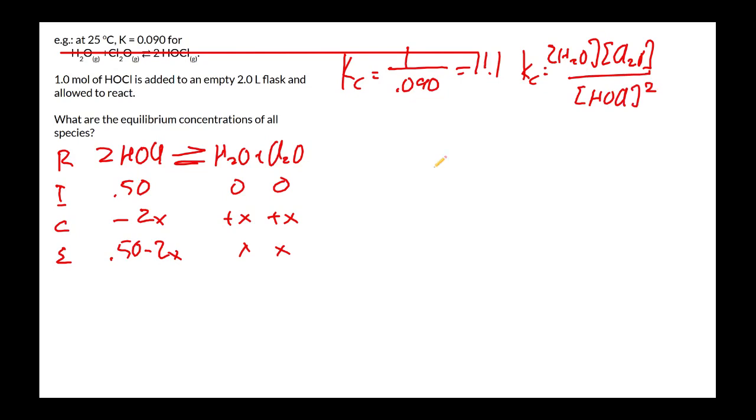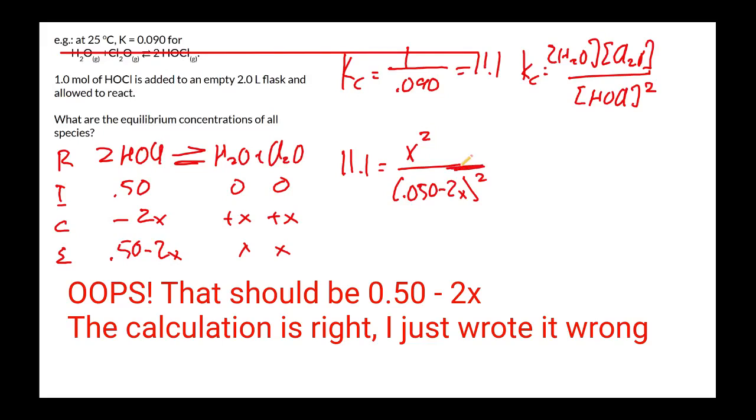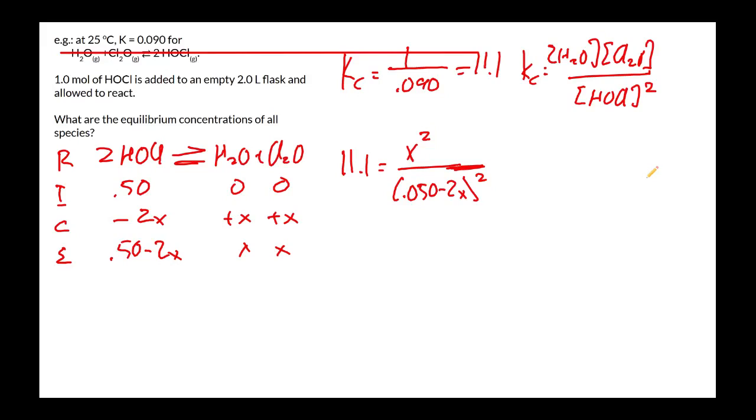So in terms of our chart, we know that Kc is 11.1 now. And we know that the concentration of H2O is x, and so is the concentration of Cl2O, so that's going to be x squared in the numerator. And then 0.50 minus 2x, squared, will be in the denominator.